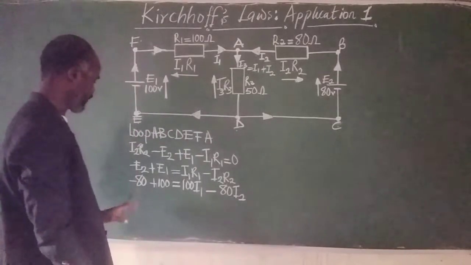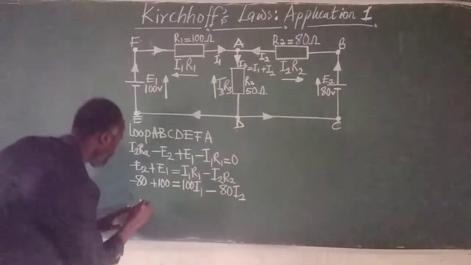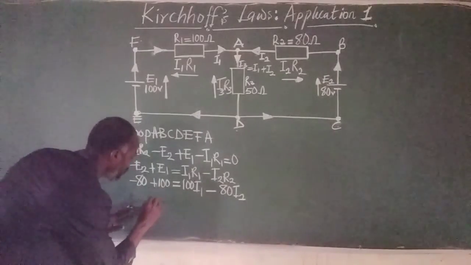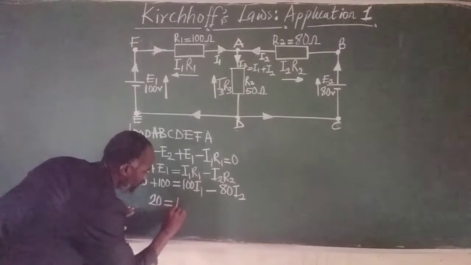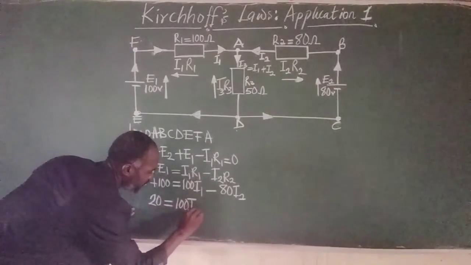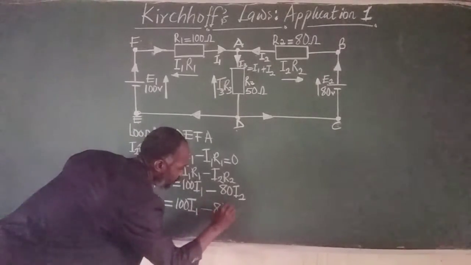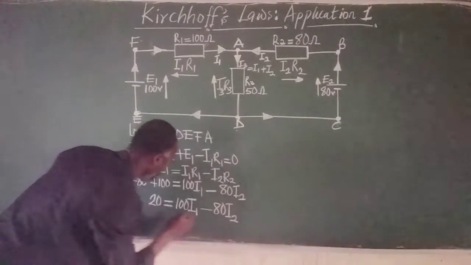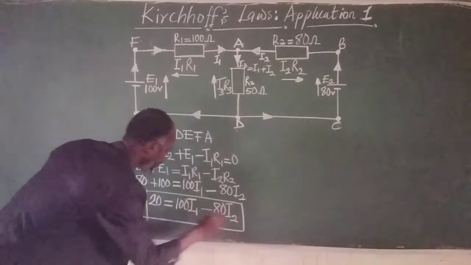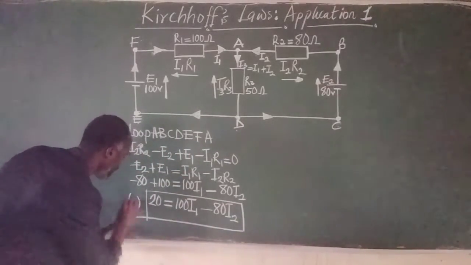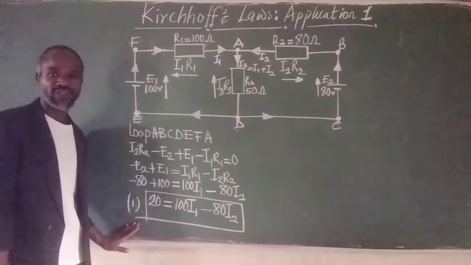Very simple. For that simplification, minus 80 plus 100 is going to be 20, equal to 100 I1 minus 80 I2. This is the first equation, equation number 1. We have succeeded in generating equation number 1.